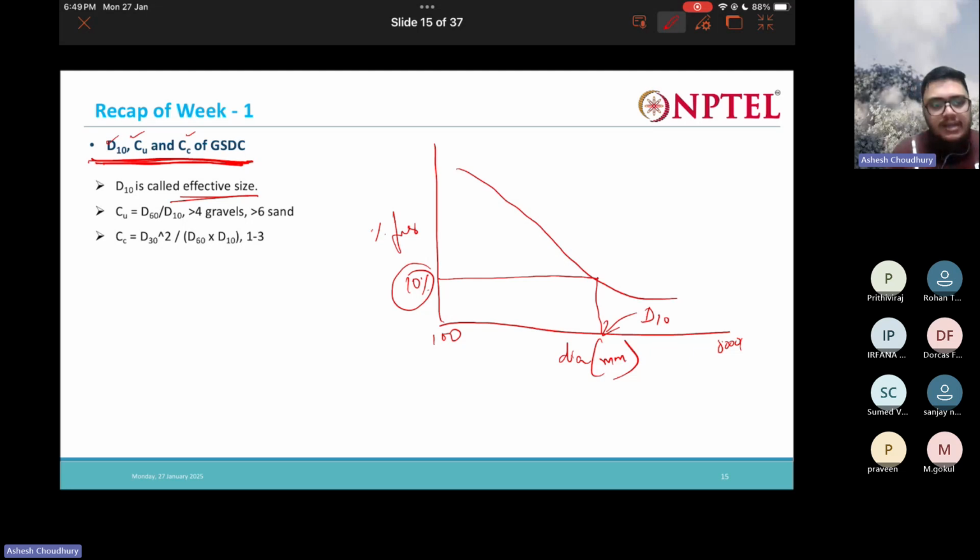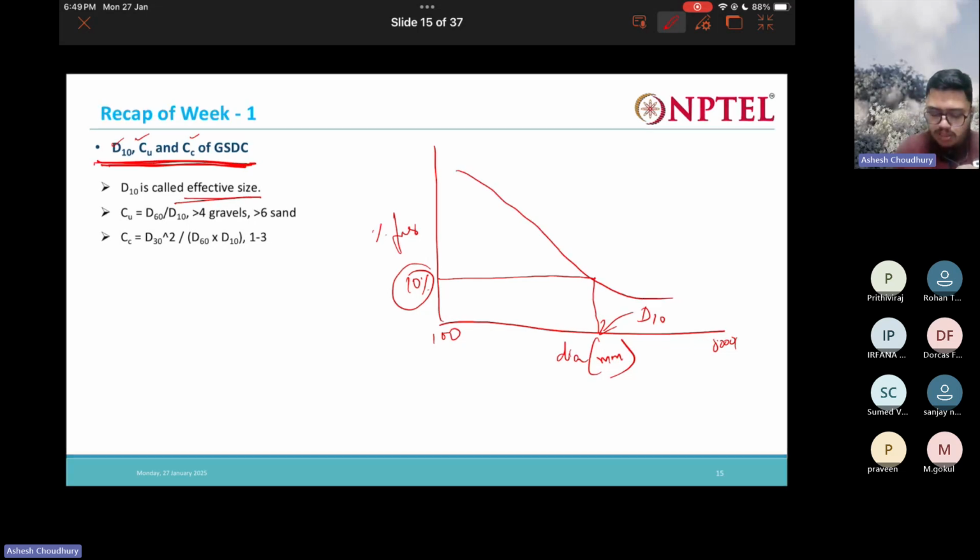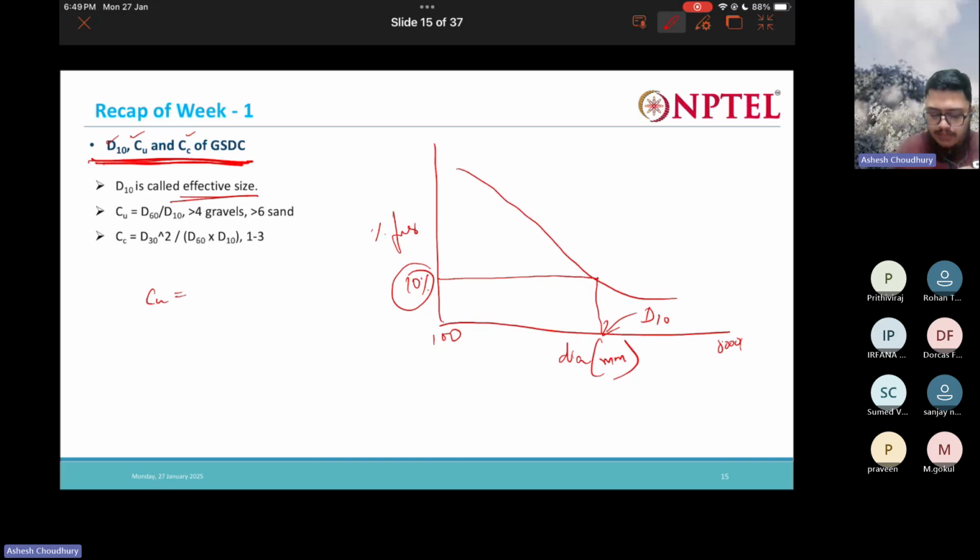Then you have one more quantity, which is known as the coefficient of uniformity. The coefficient of uniformity is nothing but D60 by D10. For a soil to be well graded, Cu should be greater than 4 if it is gravel, and greater than 6 if the soil is a sand.